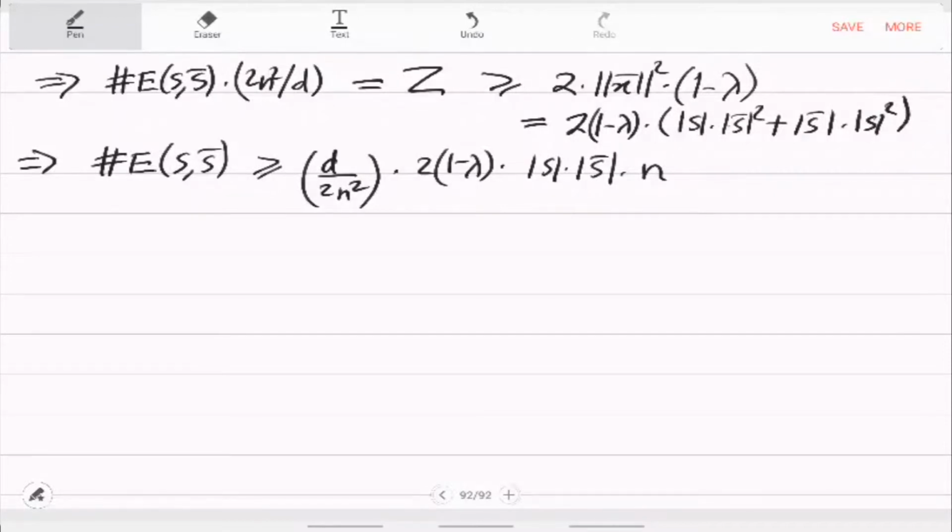So that is 1 minus lambda, d by n, times s s bar.